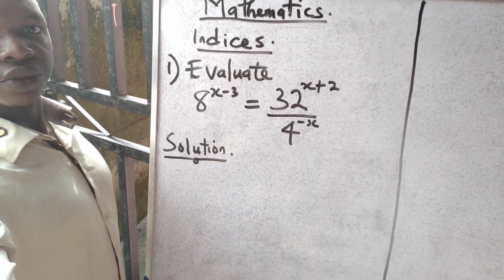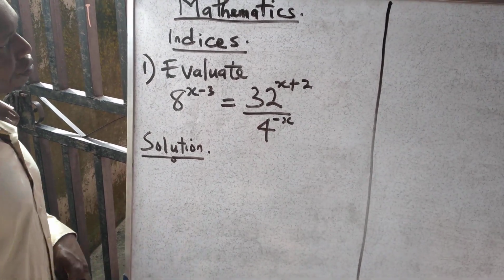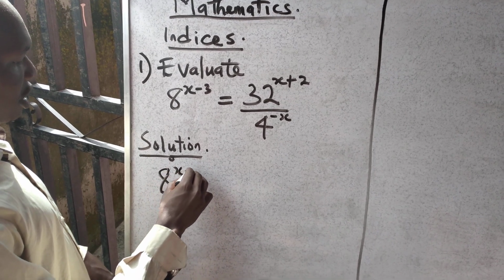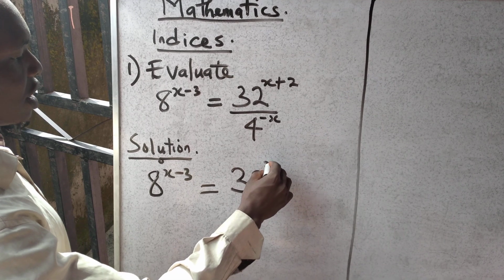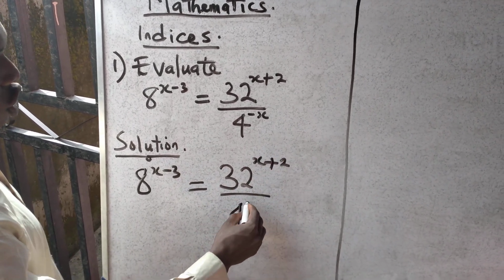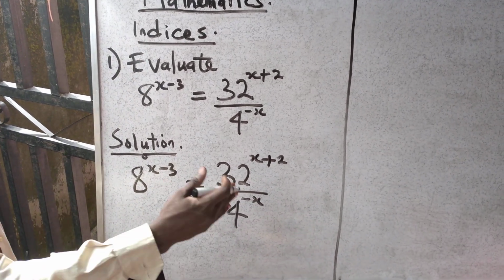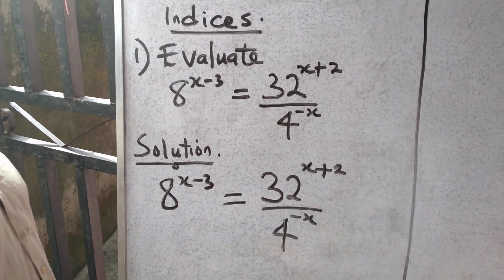Okay? Alright. Now, solution, we have 8 raised to power x minus 3 equal to 32 raised to power x plus 2 all over 4 raised to power minus x.